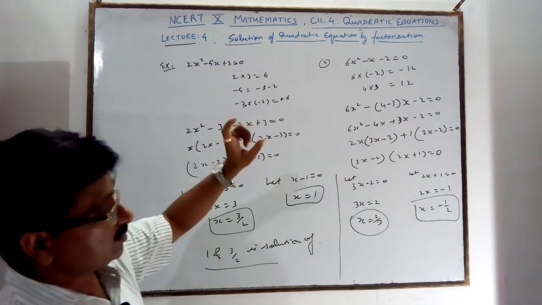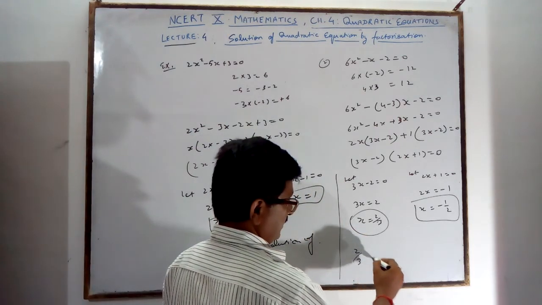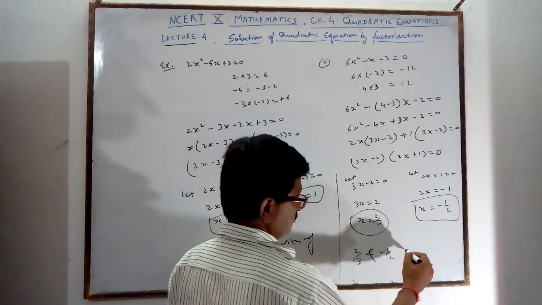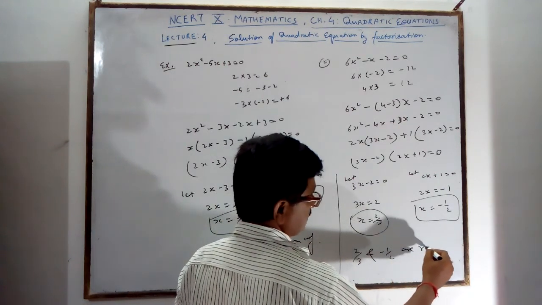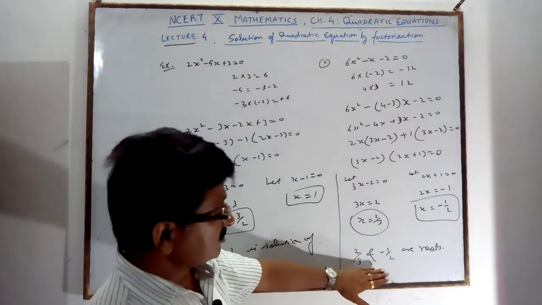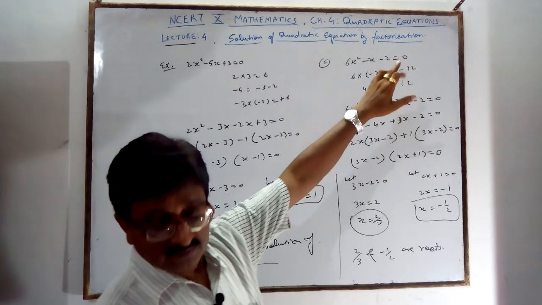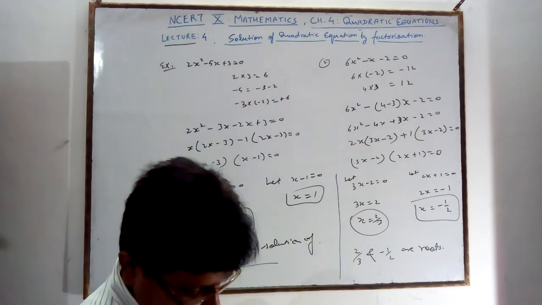You are getting the two roots, 2 by 3 and minus 1 by 2, of this quadratic equation. When you put these values here, your result will be 0. It is a very important part.